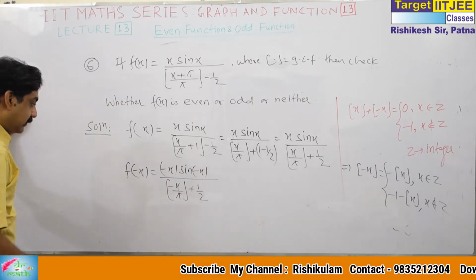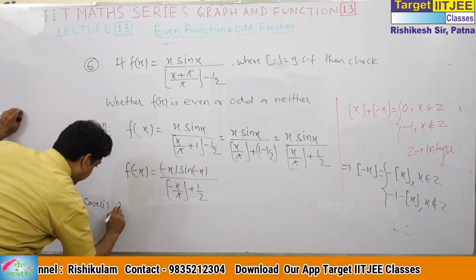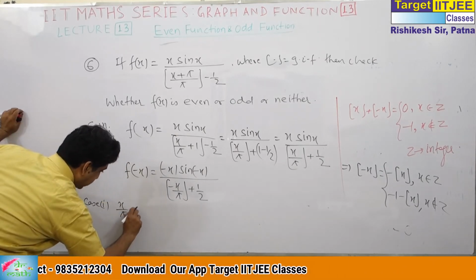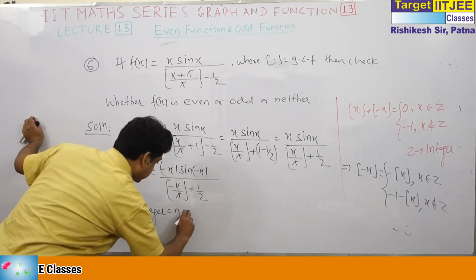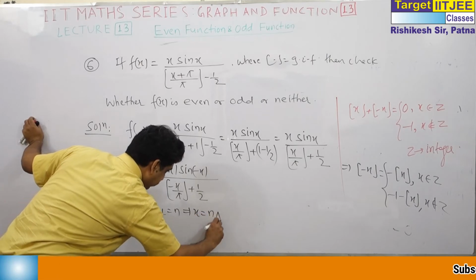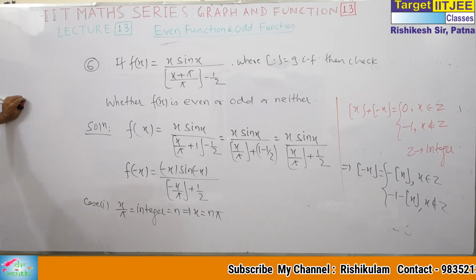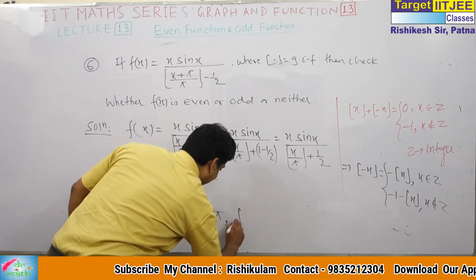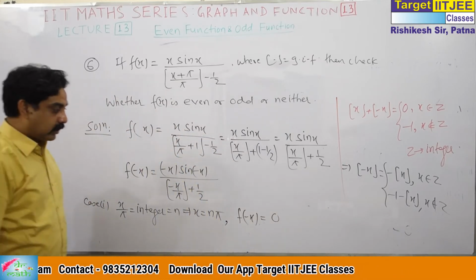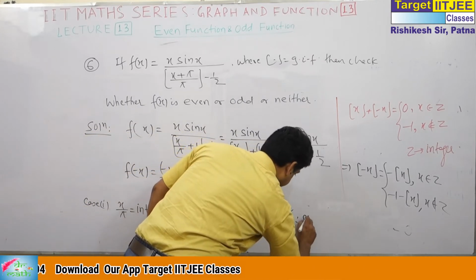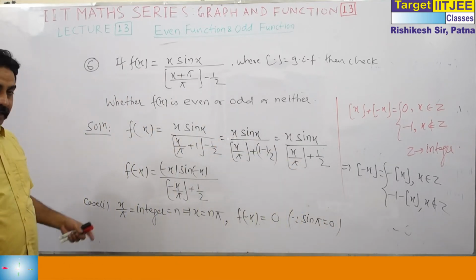Here we take case 1, when x by pi is an integer, say n. Very beautiful question. x is n pi. In this case, f(minus x) is equal to 0, because sin pi is 0. Rest has no meaning.